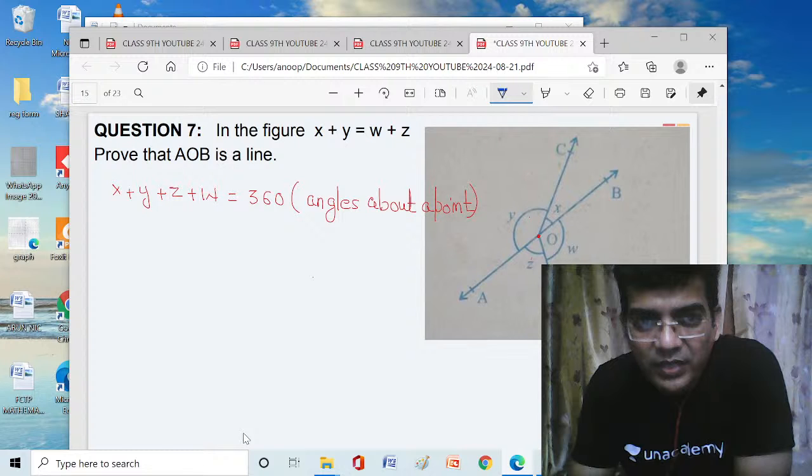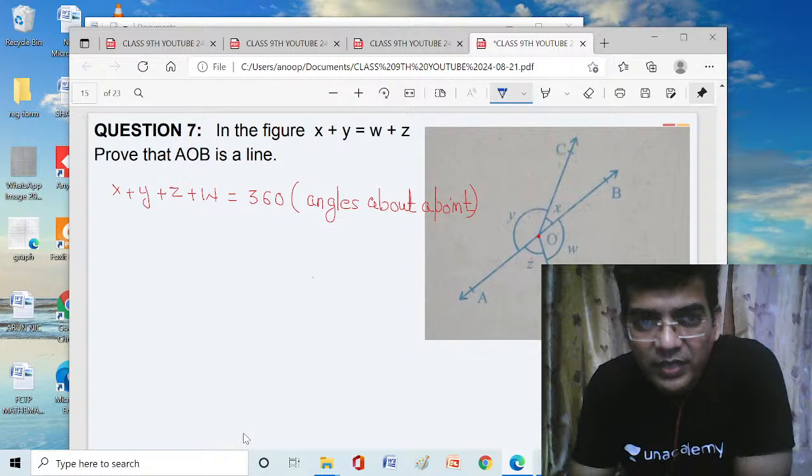Now if I consider triangle ABC, first of all, which type of triangle is ABC? So you can see ABC is an isosceles triangle. How? BC and AC are the two equal sides. So first of all, I can say in triangle ABC, I have these two sides equal.